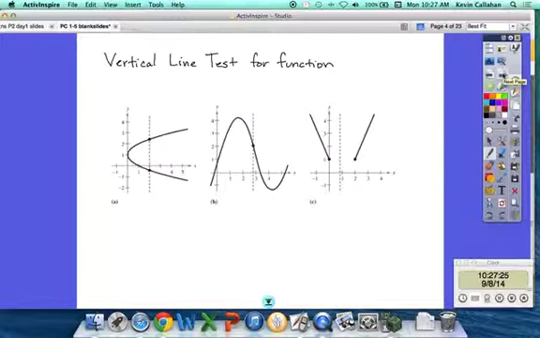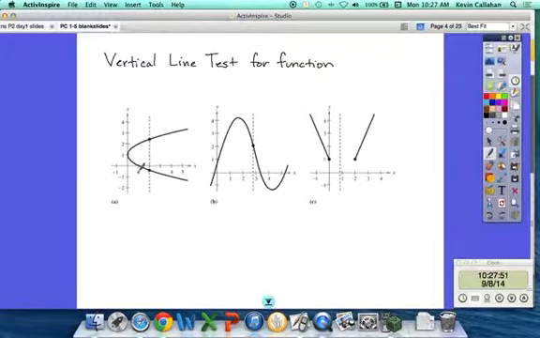Vertical line test. Well, we know how the vertical line test works, right? We want to know whether a certain graph represents a function. So we draw a vertical line, and what would make it not a function? If it crosses the graph of the function in two places. Now, go back to the definition of a function, right?